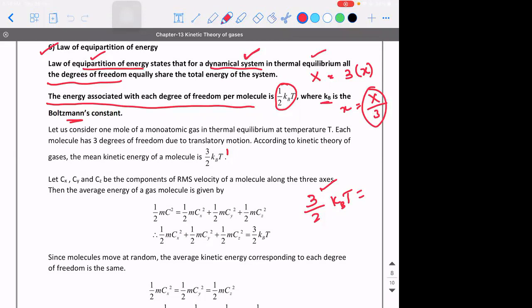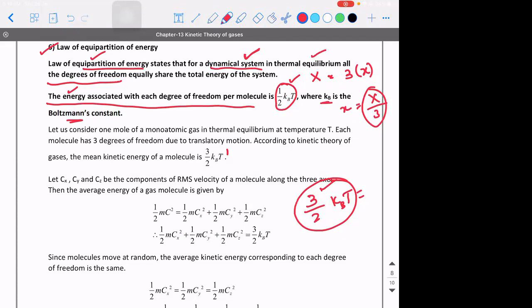Now, why am I using the words half into kb into T? That's what we need to understand. Yesterday, the energy was associated with each molecule. But each molecule has how many degrees of freedom? Each molecule definitely has 3 degrees of freedom, at least due to translation.